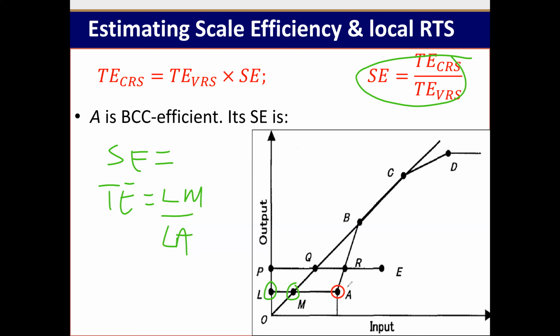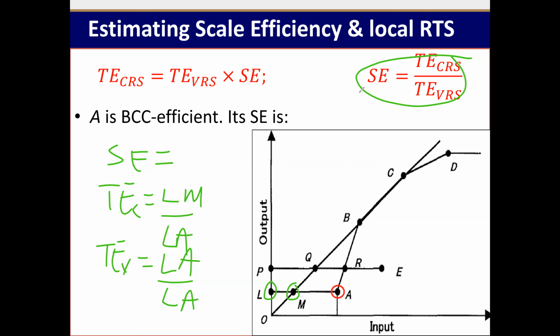And then the other one, the TE for the VRS, is the distance to the VRS frontier, which is A, so that one will be LA divided by the distance to the firm. The firm happens to be at the point A, so the distance to the firm will be LA as well. And according to the SE definition, it is the top one.